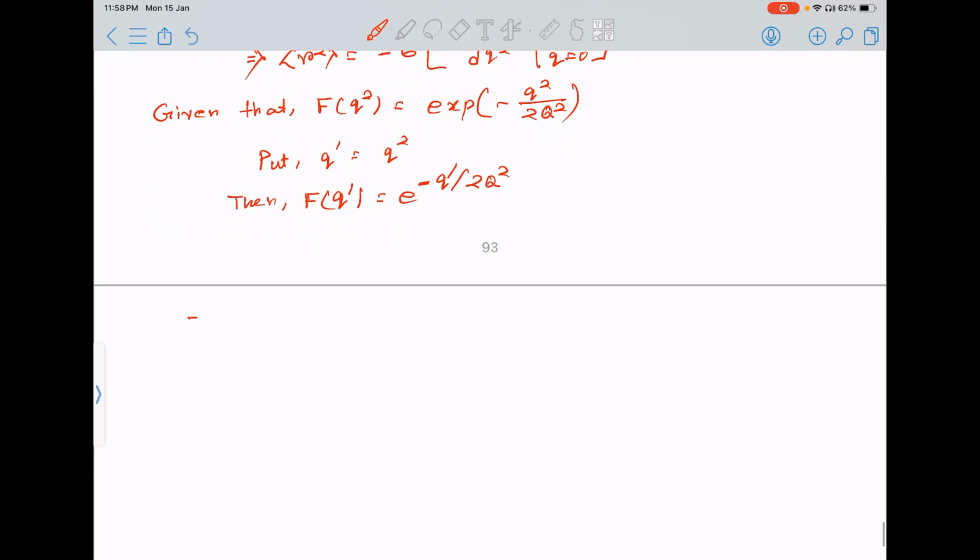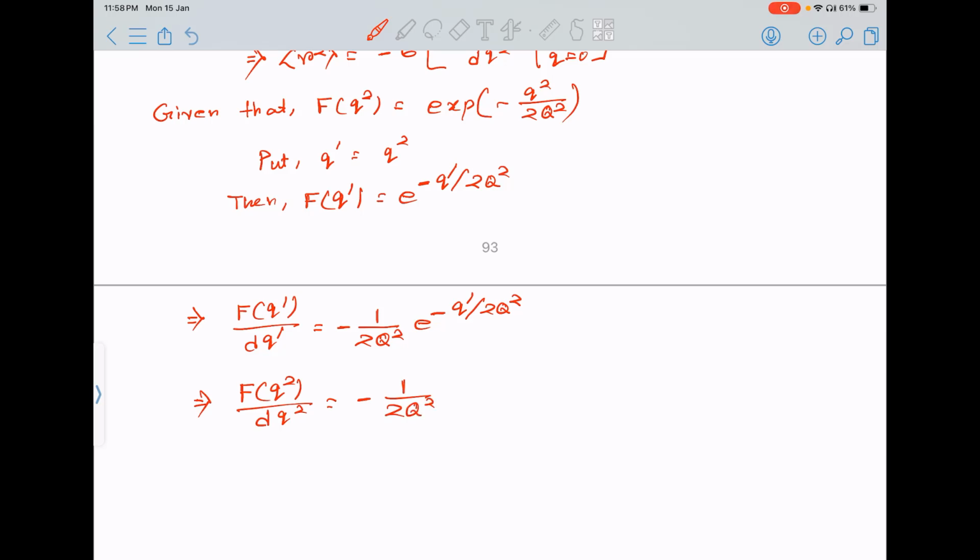So this implies dF/dq' is minus 1/(2Q²) e^(−q'/2Q²). So dF(q²)/dq² is nothing but minus 1/(2Q²) e^(−q²/2Q²).